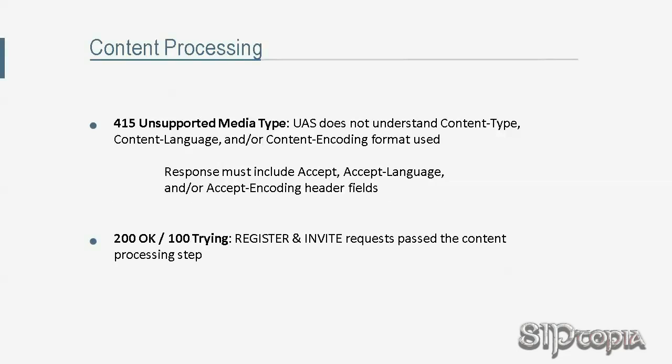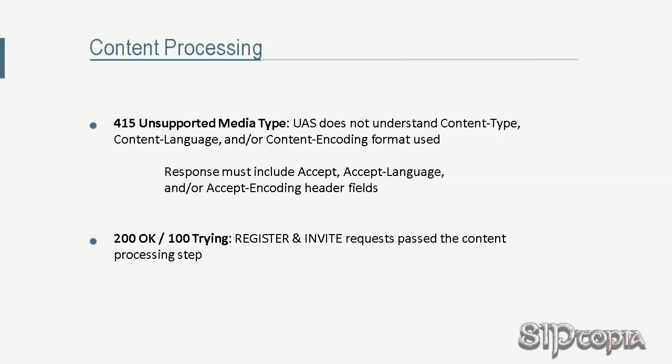RFC 3261 calls this next section content processing. If a message body exists, the user agent server checks the content related header fields like Content-Type, Content-Language, and Content-Encoding to determine if the formats used in the request are understood. If the used formats are understood by the UAS, all is good. The processing moves on to the next section.